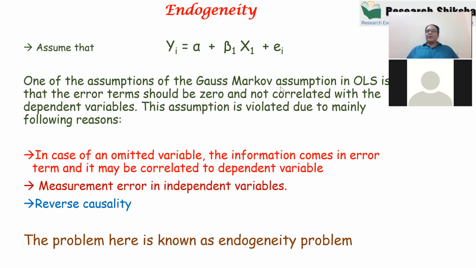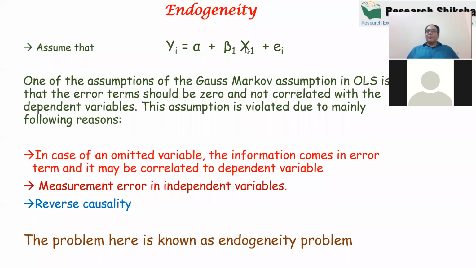And there is the assumption of the ordinary least squares method, according to which we assume that this error should be uncorrelated with the dependent variable and also with the independent variable. There should not be any correlation between the error term and the dependent variable and independent variable.